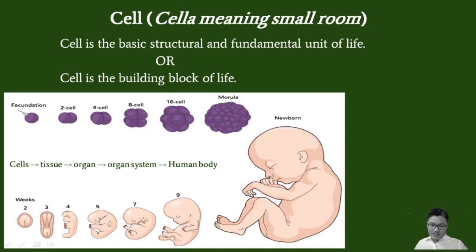Say digestive system is an organ system having many organs integrated, associated together to form a system. So there are many systems in our body. Hence, I would say cell is the basic structural and fundamental unit of life. Hope you all will accept.